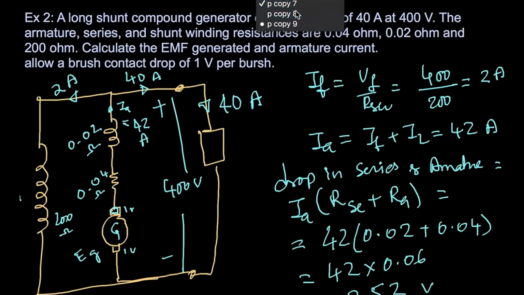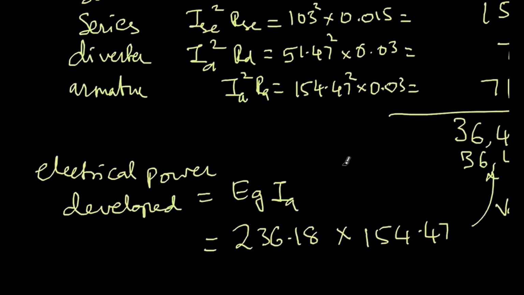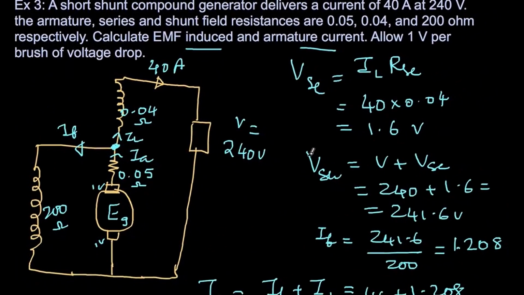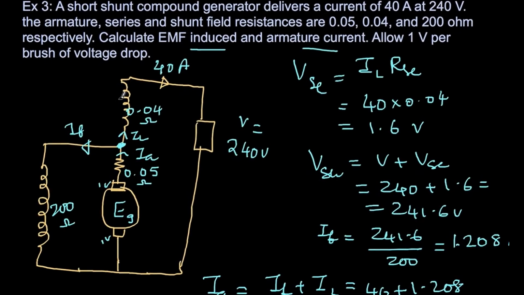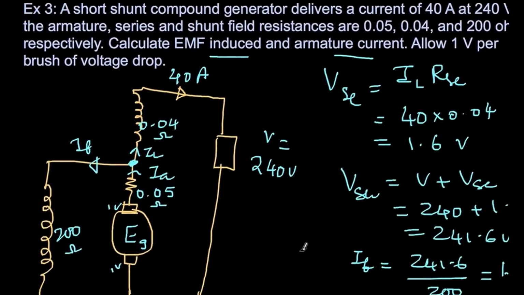So moving on, we solved some more problems. I think I've solved four examples for this particular way. We solved one problem on short shunt, one problem on long shunt, one problem on simple shunt, and so on. This is again a similar problem.